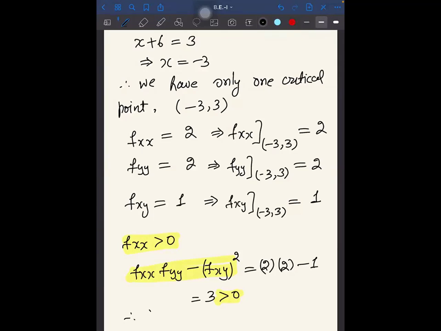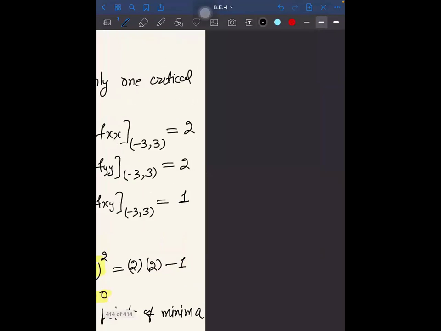So therefore, minus 3 and 3 is a point of minima. And if you're asked to find the minimum value, you just simply put this point into the function and you get the minimum value.